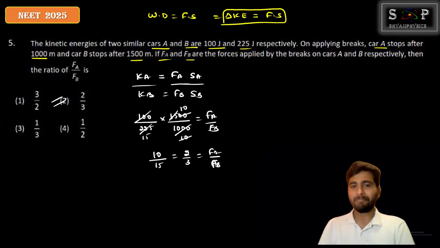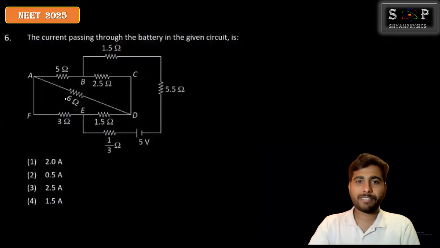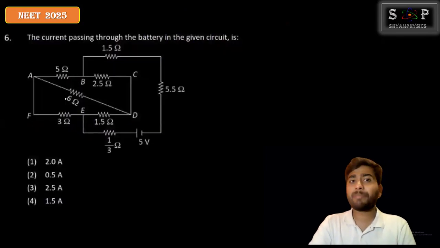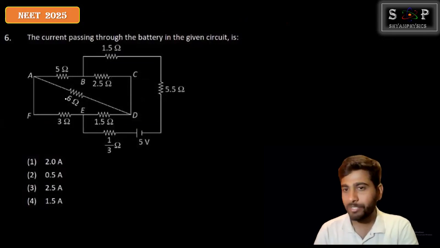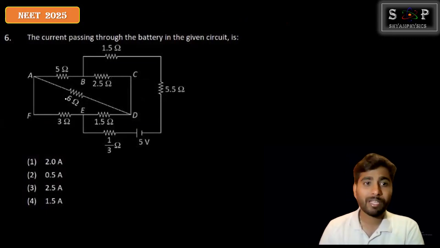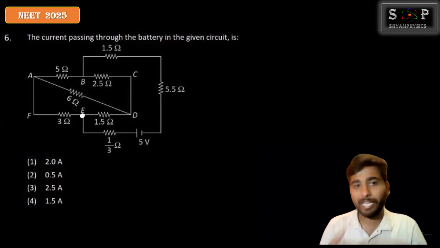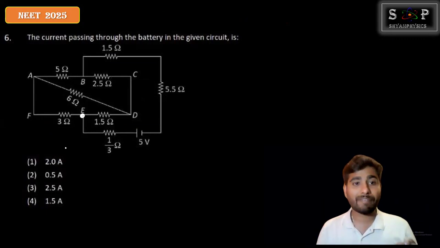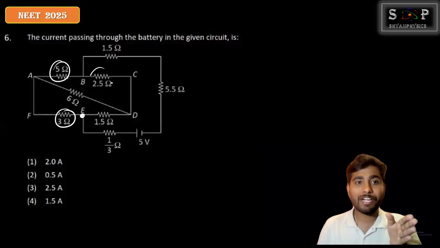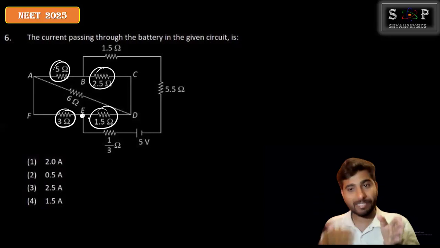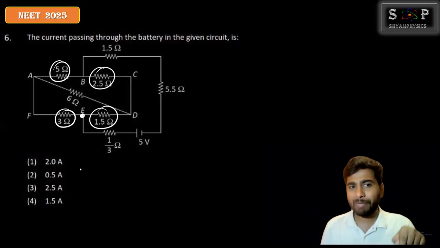Then next, the current passing through the battery is given in the circuit. Very good. Whenever they give circuits like these in a branch-wise manner, check whether it is a Wheatstone network or not. Here, if I consider this point, the current will be divided, so I will treat this as a Wheatstone network. Here 5 and 3 are in one branch, and 2.5 and 1.5 are in the side-by-side branch. On the left-hand side the ratio is 5 by 3.